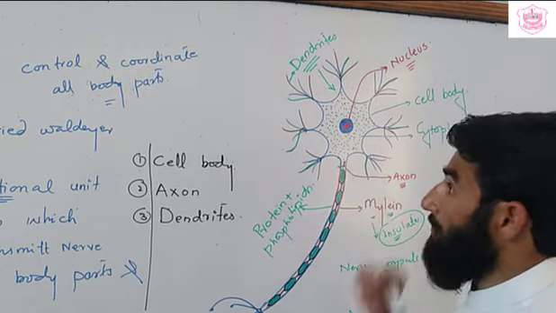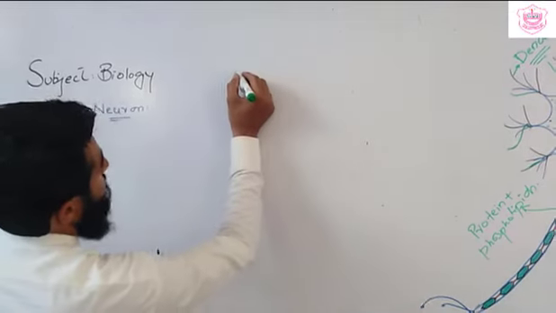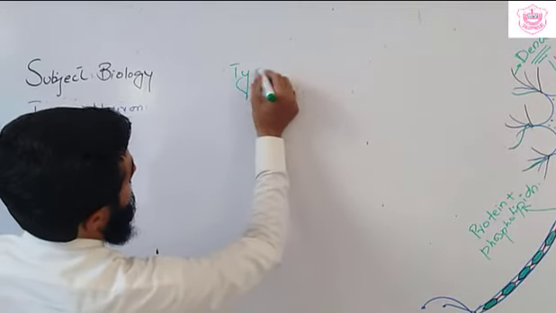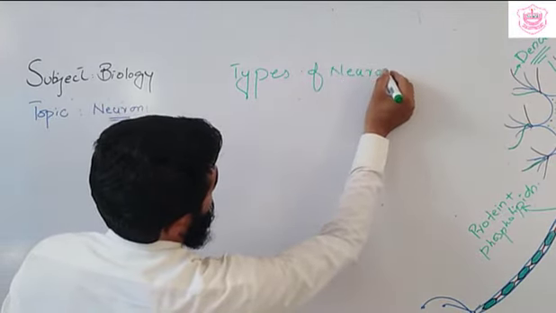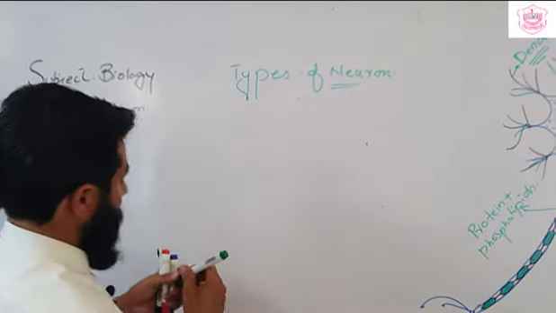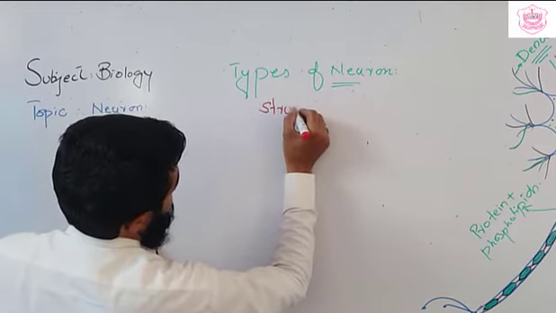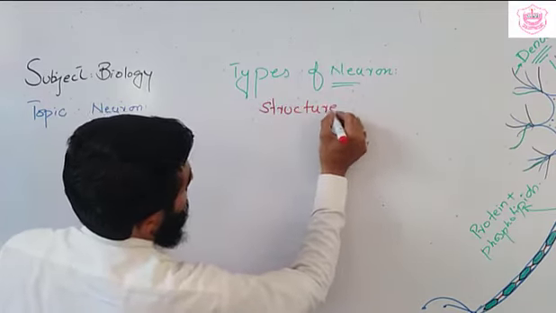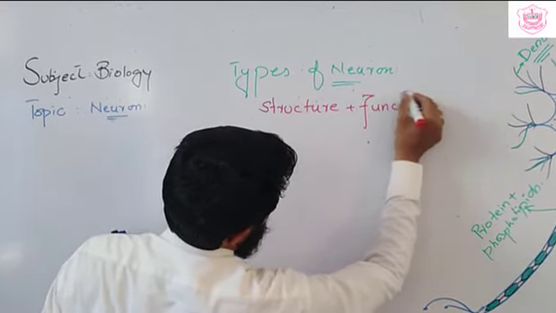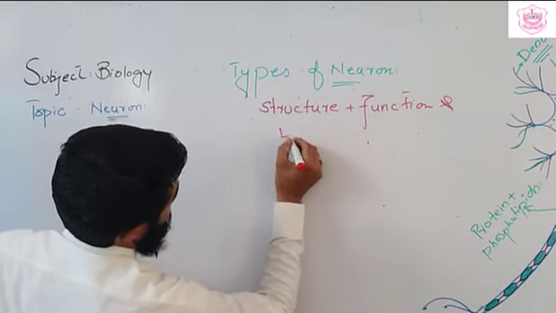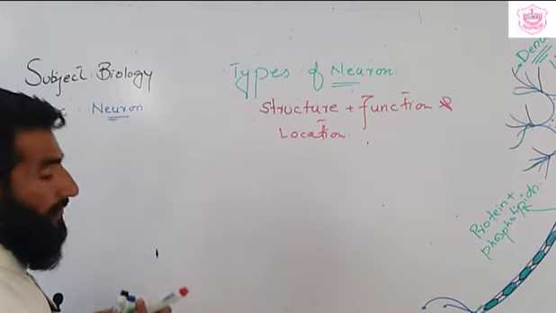Now coming toward the types of neuron. On the basis of structure, function, and location, there are three types of neuron.